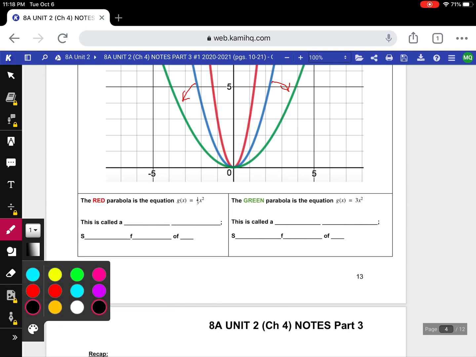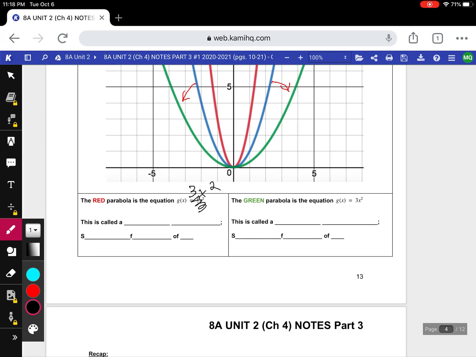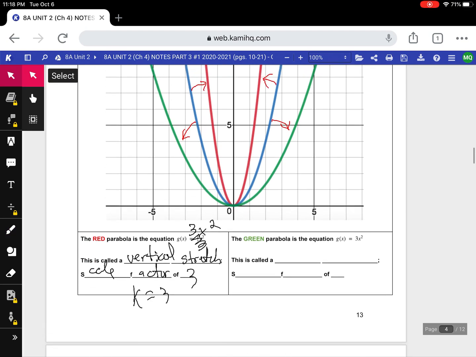That's my typo, I apologize. That should be g of x equals 3x squared. Sorry about that. This is called a vertical stretch by a scale factor of 3, okay? Or you can say k equals 3.